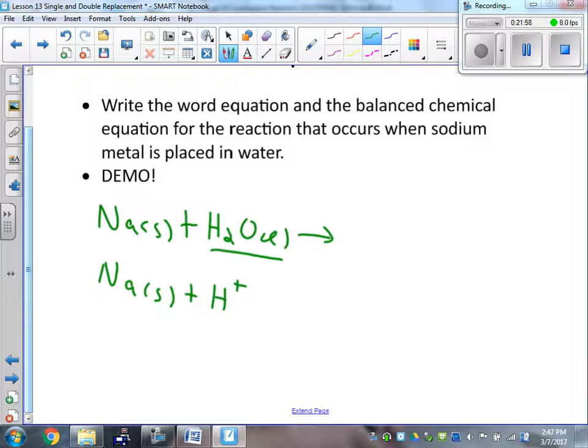H+ is responsible for what? You should know. If we put H+ at the beginning of a formula, that makes it a what? An acid. Okay? An acid. So what I've put there, that is an acid.